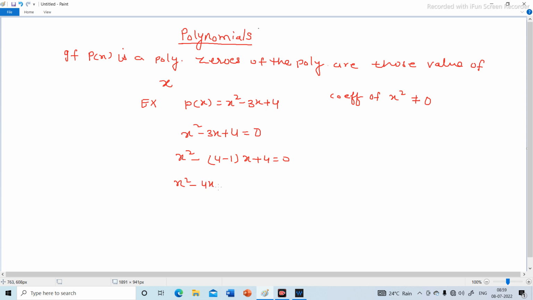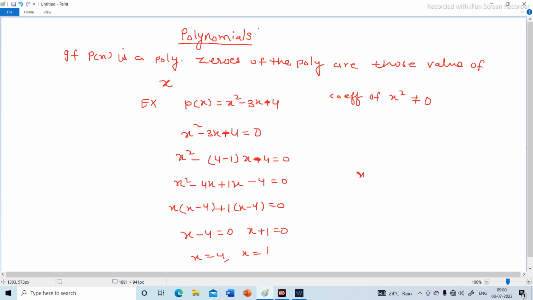Here, minus, minus, plus. x common, x minus 4, plus 1 common, x minus 4 equal to 0. x minus 4 equal to 0 and x minus 1 equal to 0, so x equal to 4 and x equal to 1.